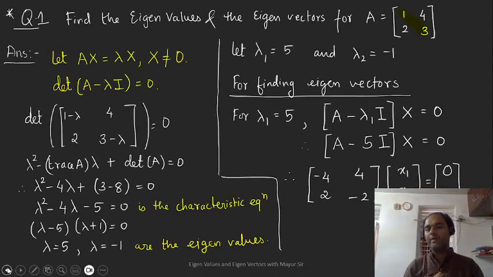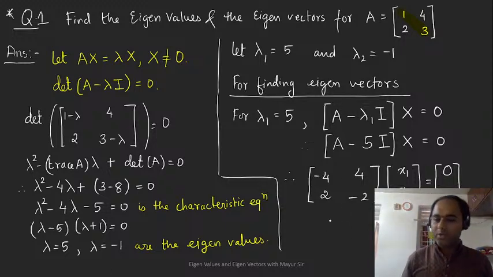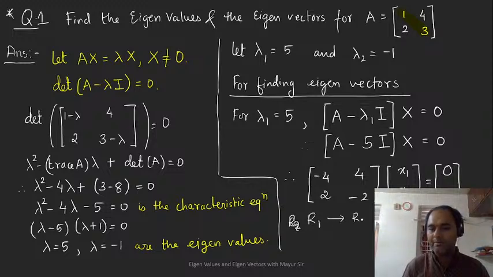Now we solve this system of equations. How do we solve this system? Let us see first. When we see the first equation, we can divide the entire row by 4. So r1 changes to r1 divided by 4, and r2 can be divided by 2, r2 changing to r2 divided by 2.